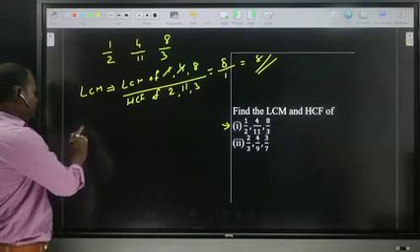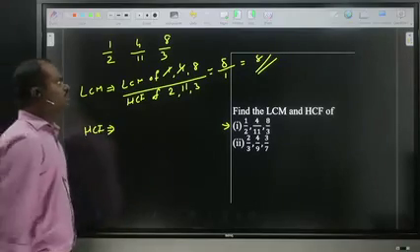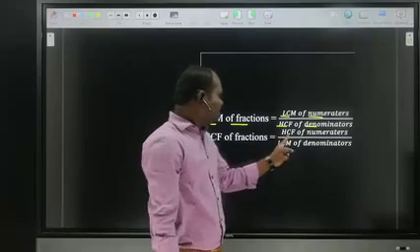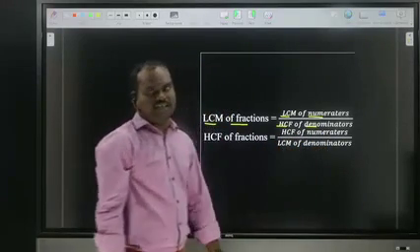Next, ma, HCF. For HCF, what is the formula I said, ma? HCF of fractions is HCF of numerators by LCM of denominators.